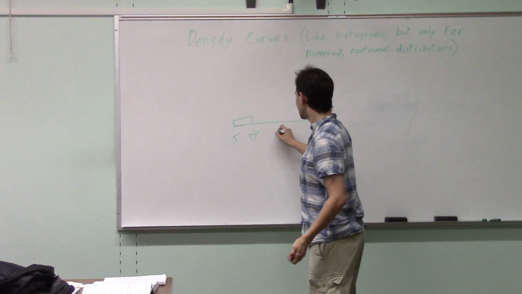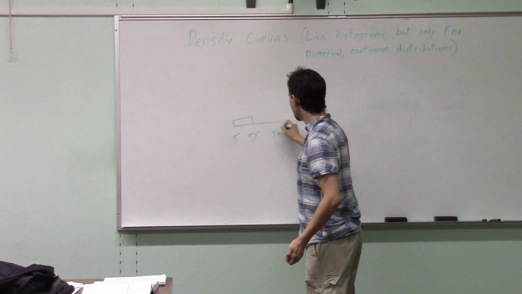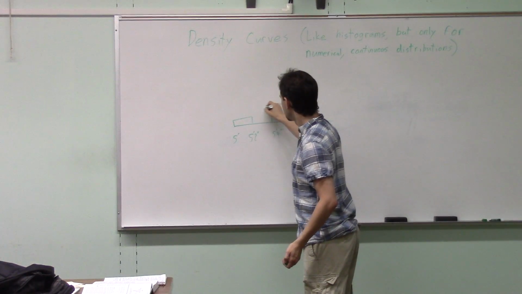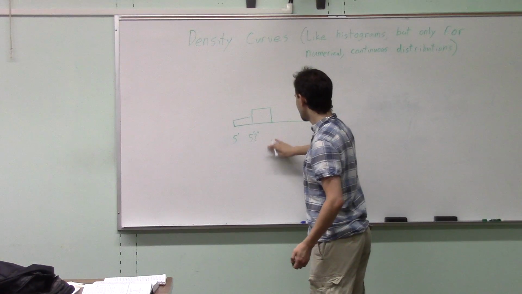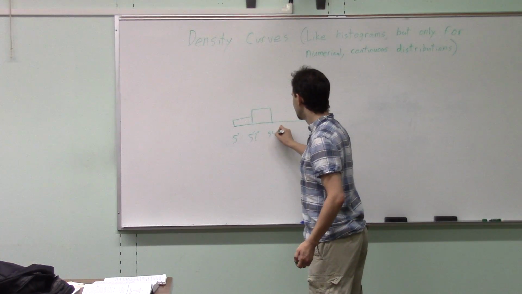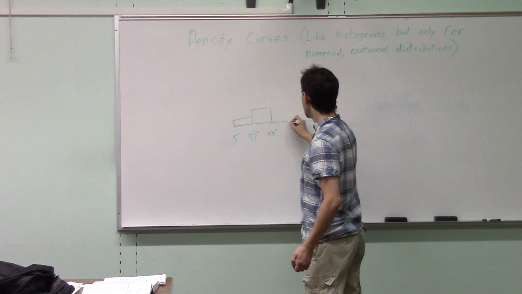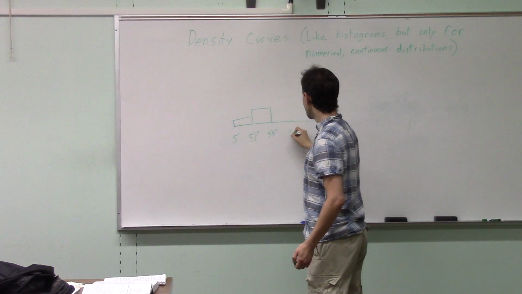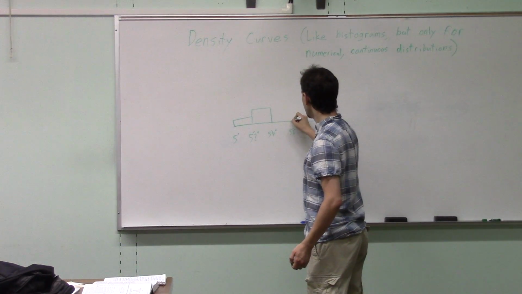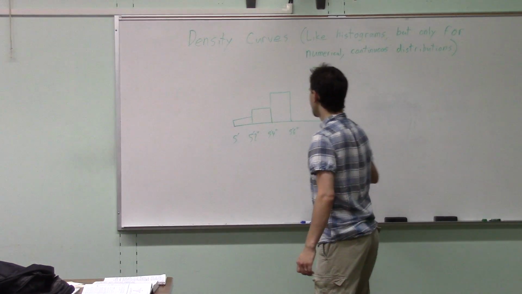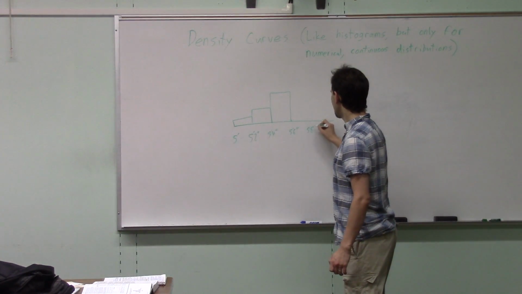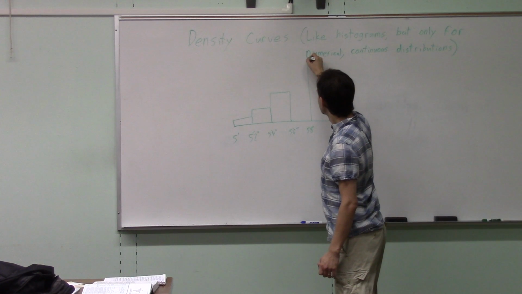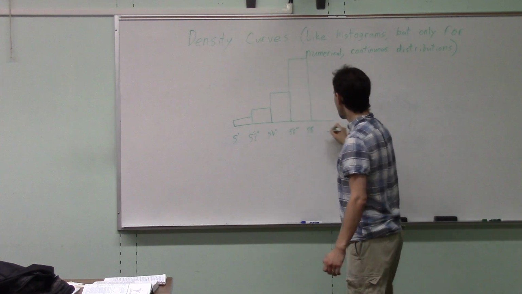Between 5'2" and 5'4", you have a significantly bigger bar, and between 5'4" and 5'6", you have significantly more people. And between 5'6" and 5'8", you have a quite sizable chunk of the population.